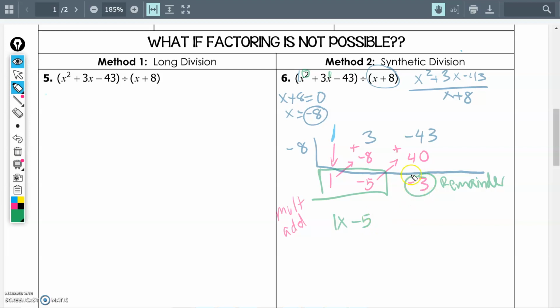The way you write your remainder is you add or subtract it on the end, and you divide it by whatever you had on the denominator. And this is your final answer. So x squared plus 3x minus 43 divided by x plus 8 gives us 1x minus 5 minus 3 over x plus 8. Let's do another example of synthetic before we get to long division.